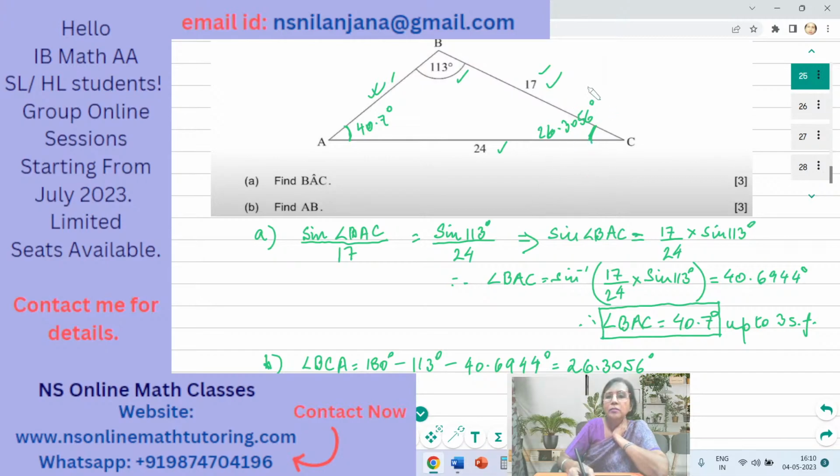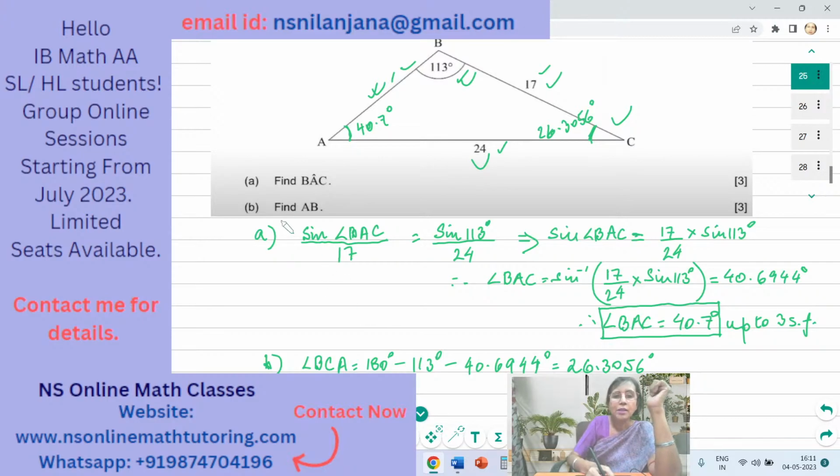Let us take these two and these two. AB over sine 26.3056 will be equal to 24 over sine 113 degrees using the sine rule.